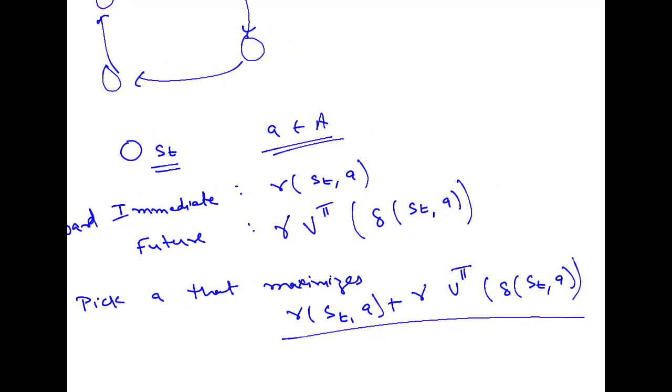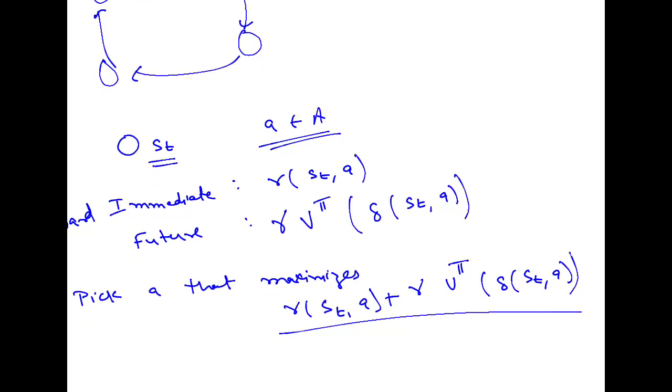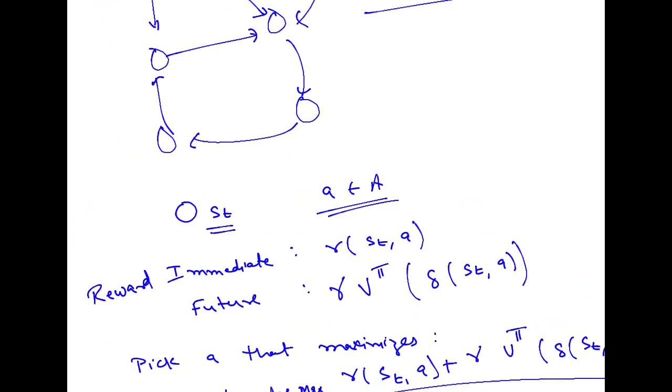Now if A that maximizes this, let's say A star is the argmax, is the optimal step that you take. Then what can we say?